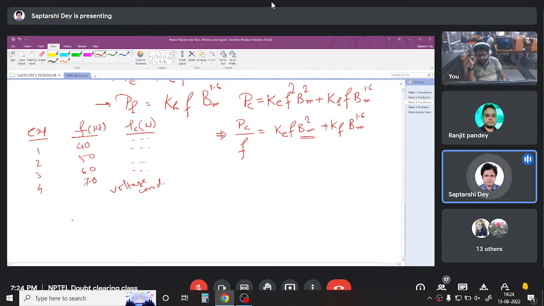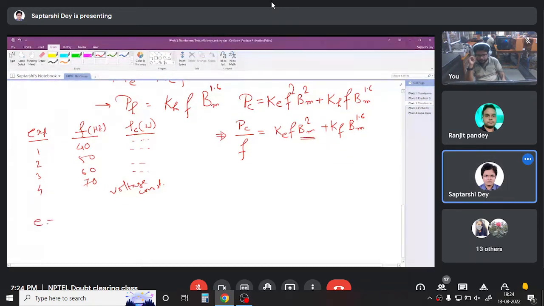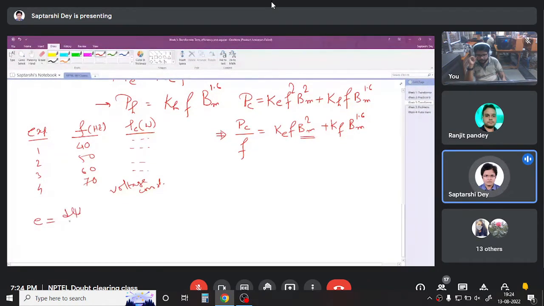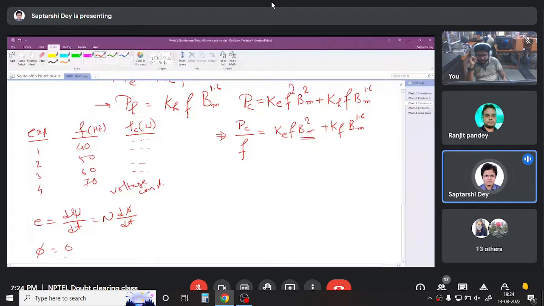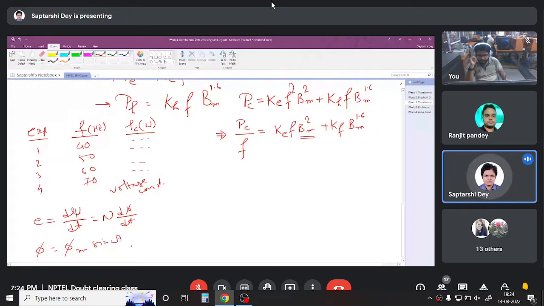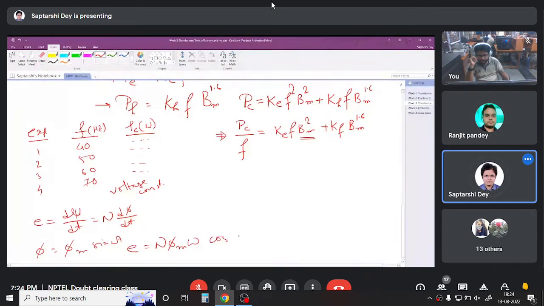Now see here one thing. This thing you might have learned in the first 2 weeks videos. This E is d psi dt. Psi is N phi, so N d phi dt. Phi you can write as phi max into sine omega t. So basically what you have is E equals N phi max omega cos omega t.